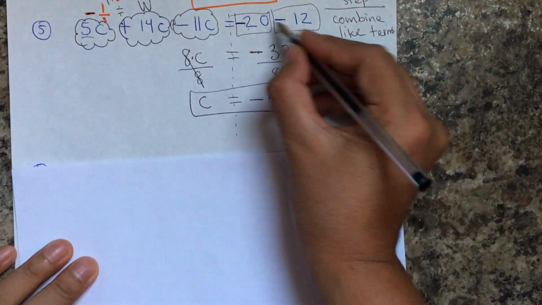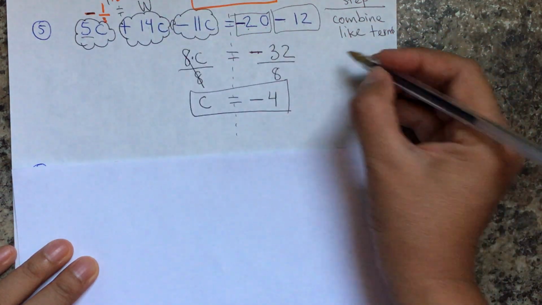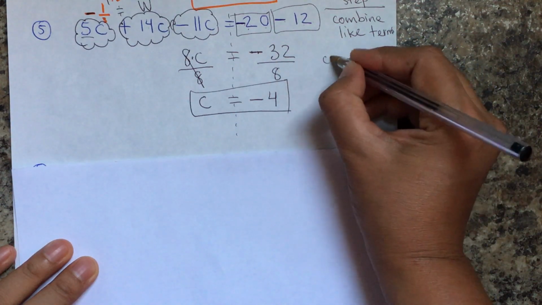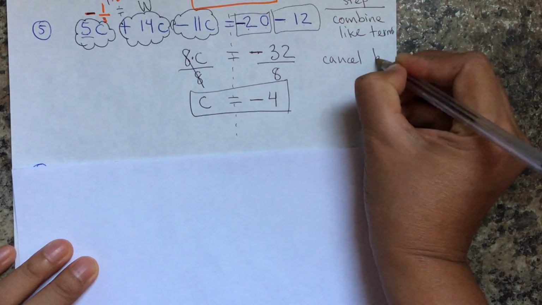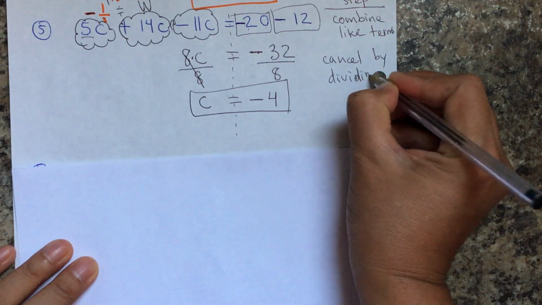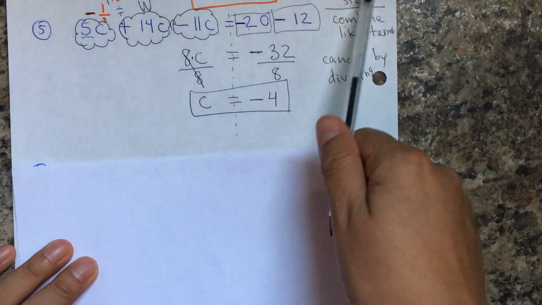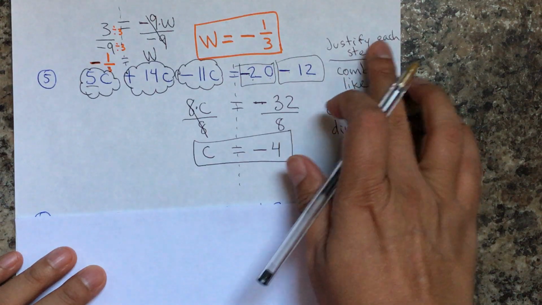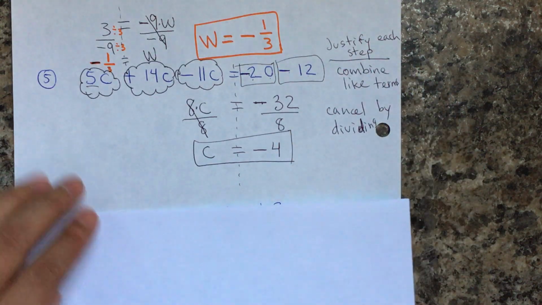So combine like terms, ¿verdad? Es poner los que son similares, términos similares. Cancel by dividing. Okay, so it's only if they ask you to justify each step. Lo siento, justify each step. Okay, vamos a hacer una más.